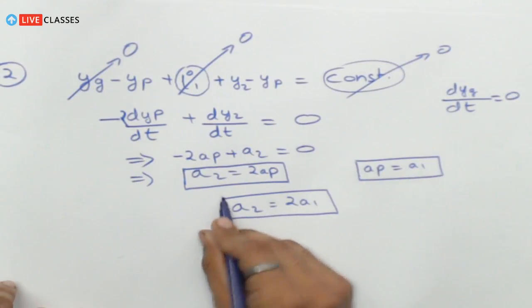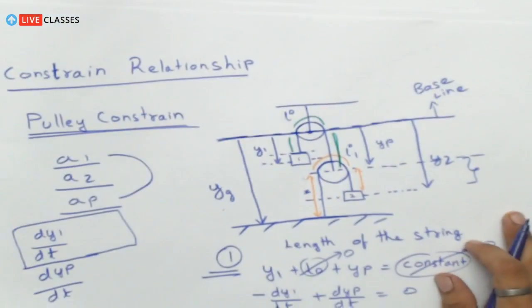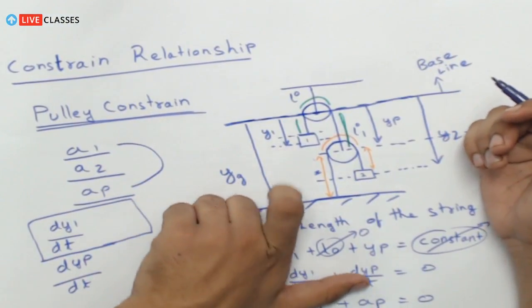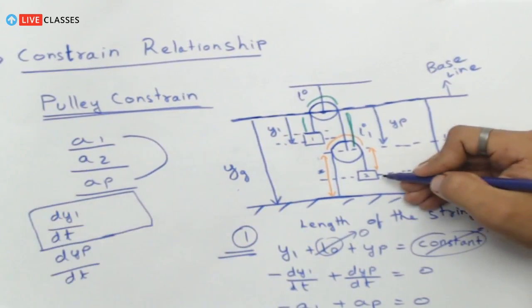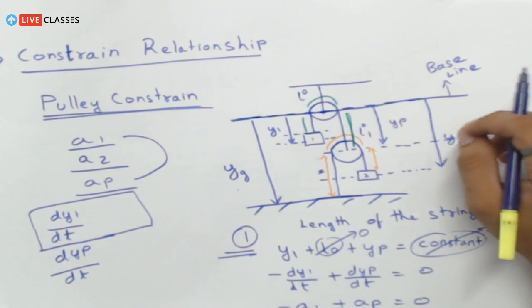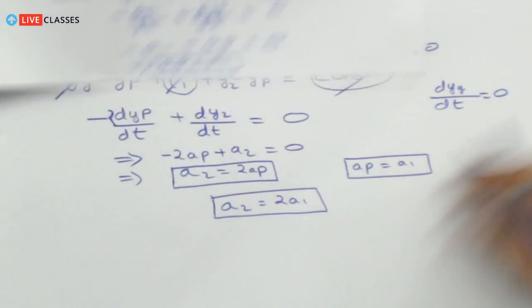So what does it signify? It signifies that if our block moves with an acceleration of A1, our block 2 is moving with an acceleration of A2, which is just double the acceleration of A1. That is the relationship we got. Okay.